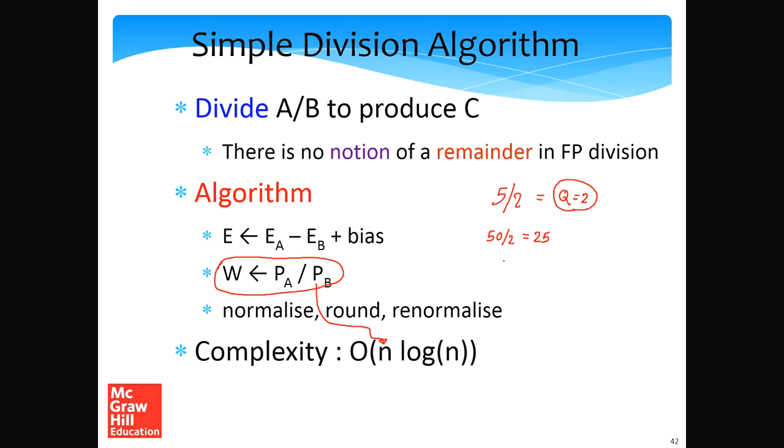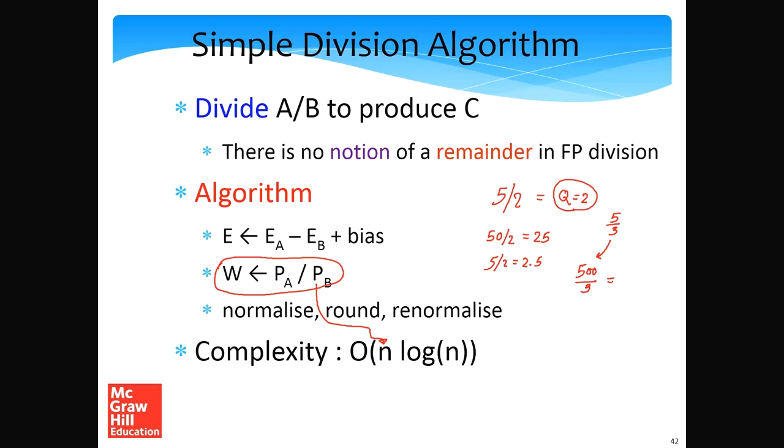So if 50 by 2 is 25, I'll say that 5 by 2 is 2.5. And let's see, if I want more precision, so I want to divide 5 by 3, what I can instead do, if I need more precision in the output, is that I will first compute what is 500 by 3.